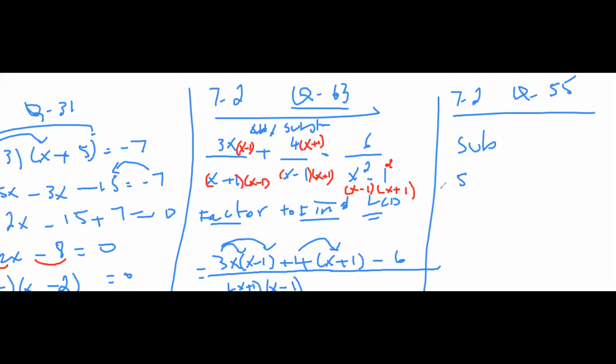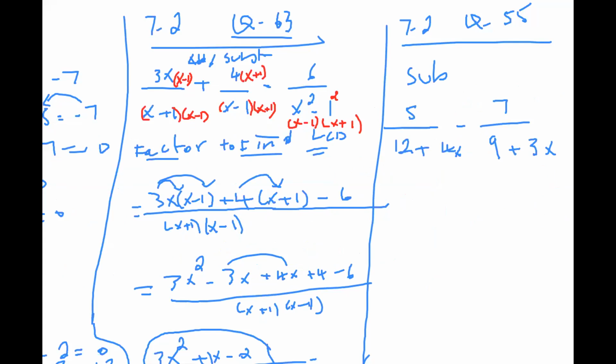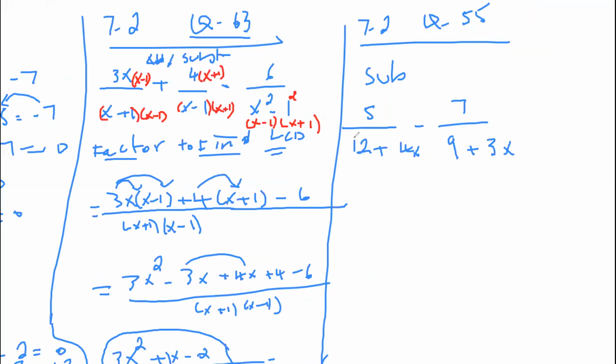So 5 over 12 plus 4x minus 7 over 9 plus 3x. So we want to add these two fractions. Same problem. The denominator is not the same. Okay?